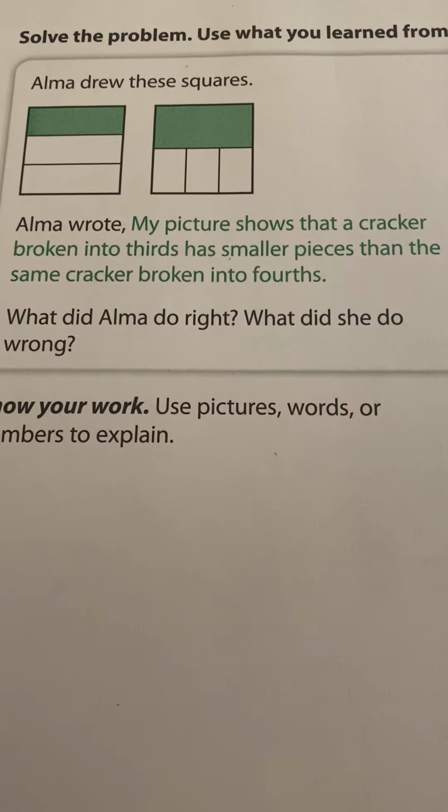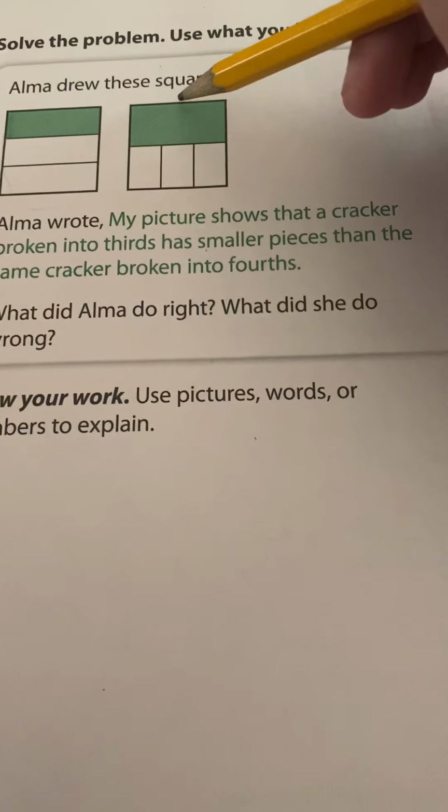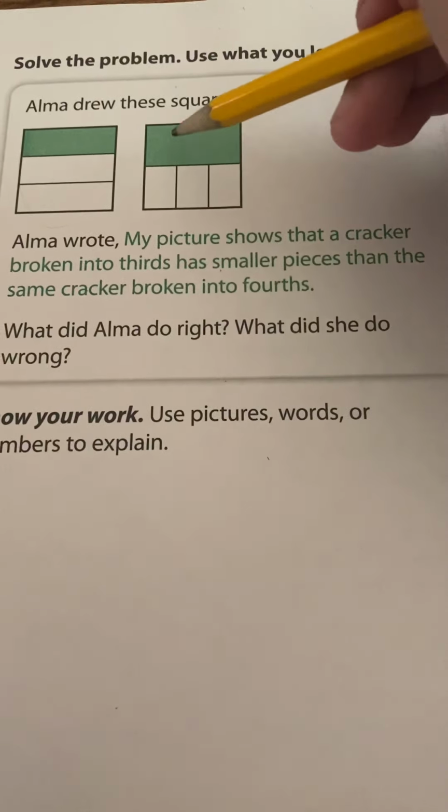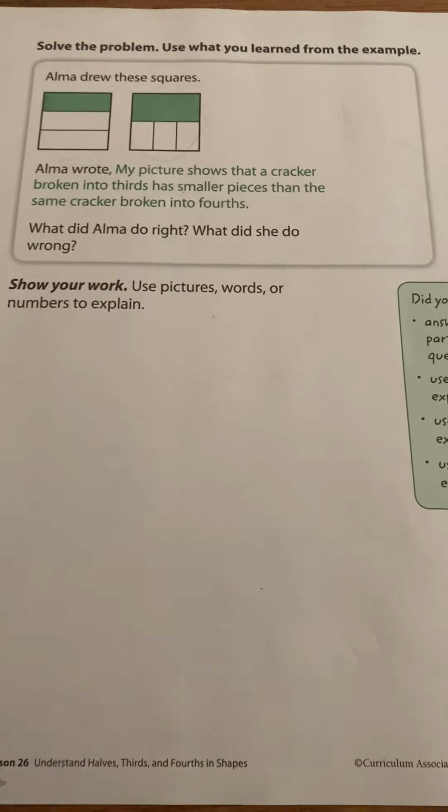What did Alma do wrong? So she said that the thirds have smaller pieces than the fourths. But what did she do wrong? Why is this not fourths? It says use pictures, words, or numbers to explain. And I want you to try to do this by yourself at home.